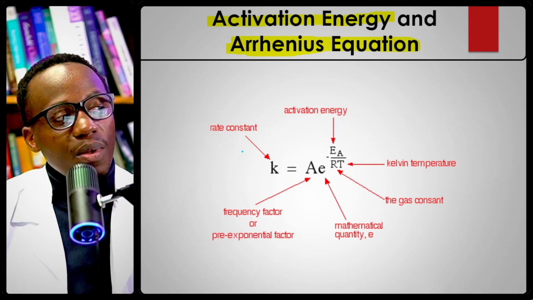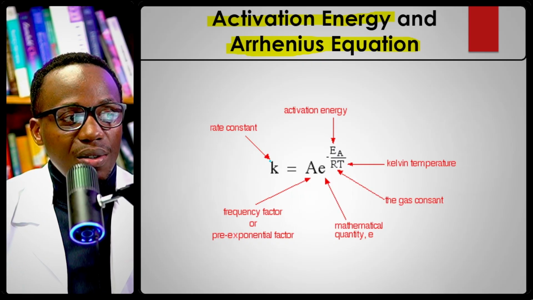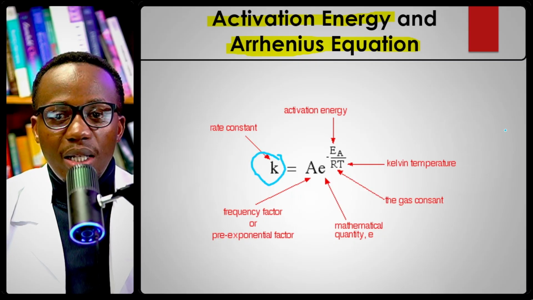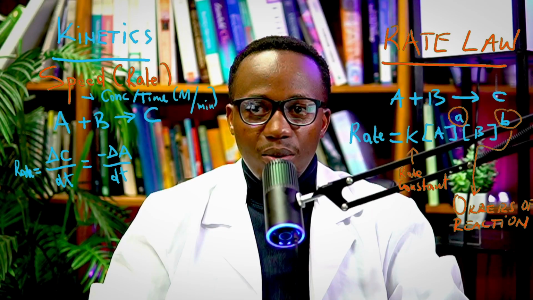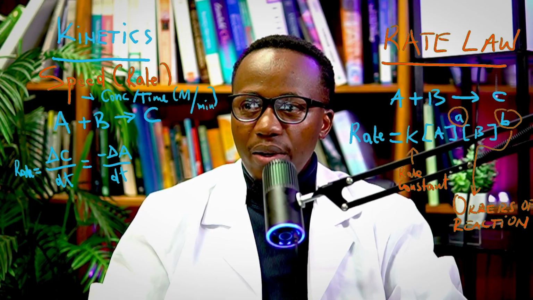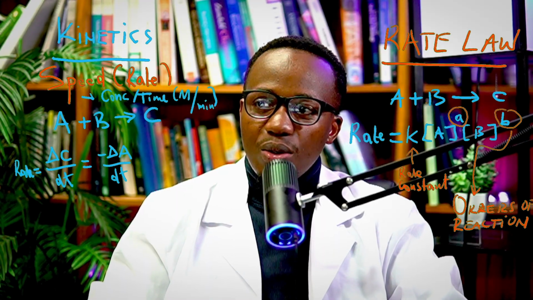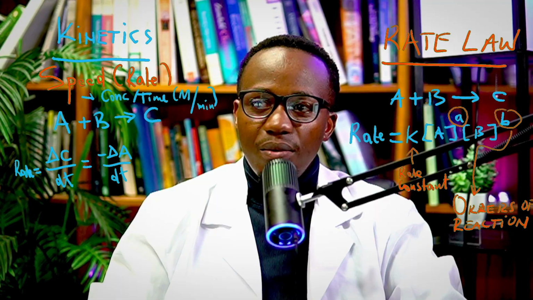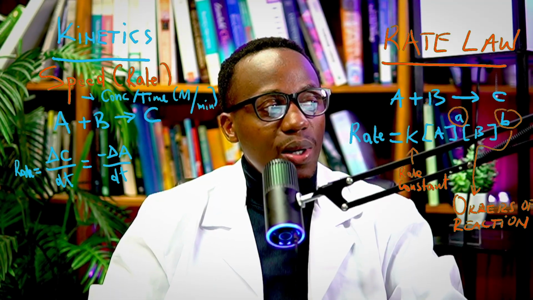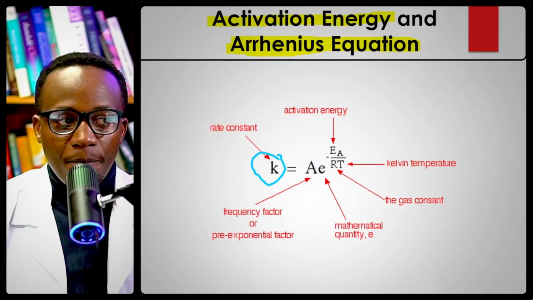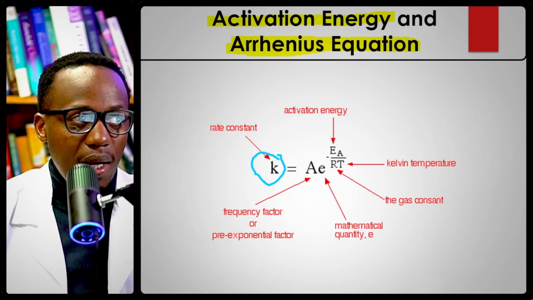Because guess what? If you have the rate, you can give me the rate constant. How? We just looked at it, right? So if you have rate is equal to that, you already have everything. You have the rate order, so you can give me the rate constant very easily, right? So we have the rate constant.